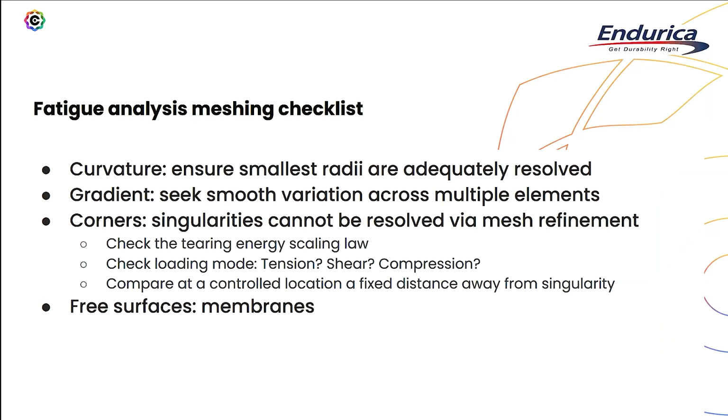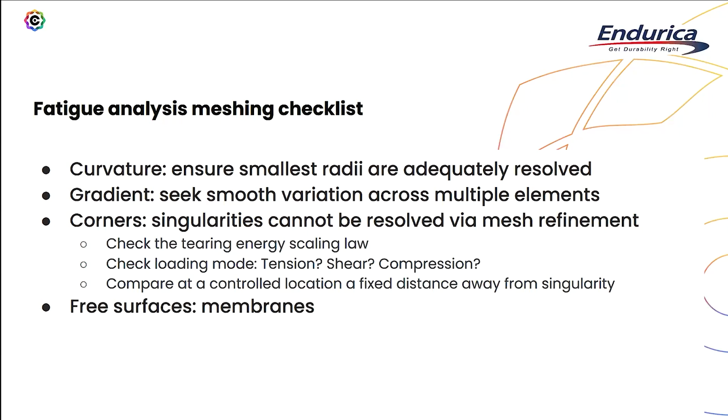So, if we take the set of results that we saw in this study and across other studies that we've run as well, you can boil all this down into a little checklist that you may want to follow when you're doing a fatigue analysis on a rubber part.